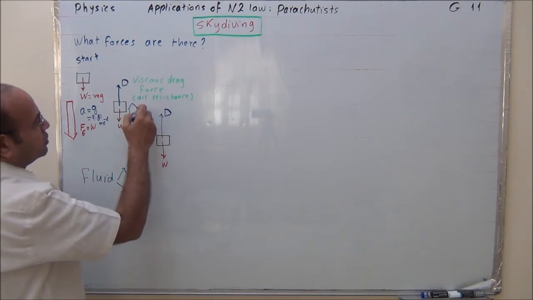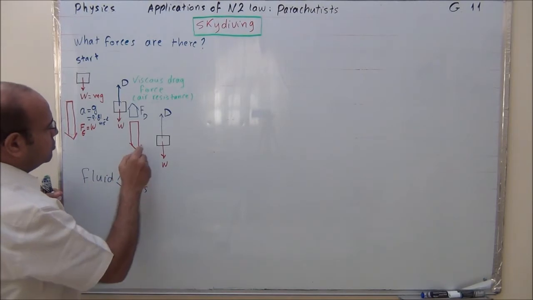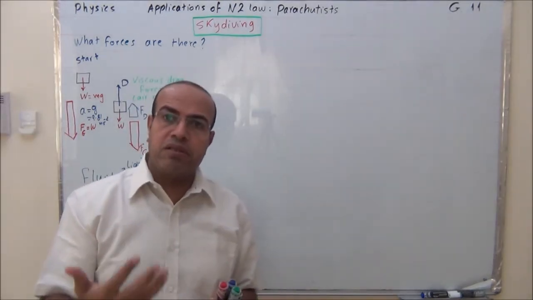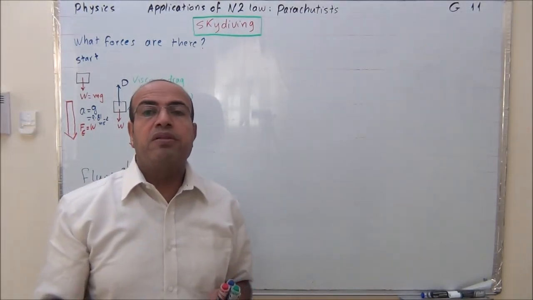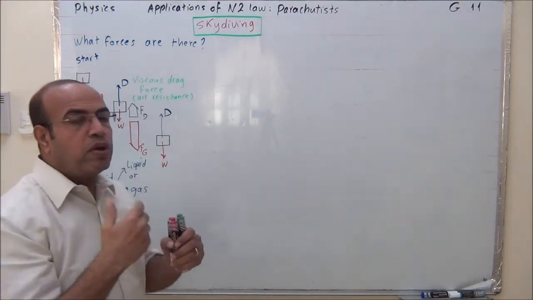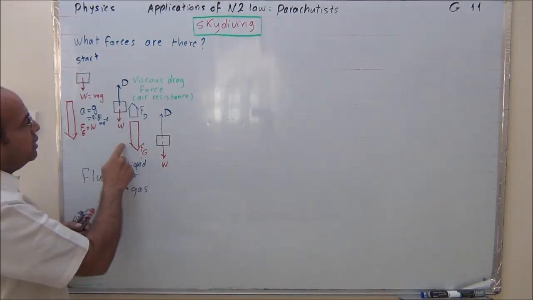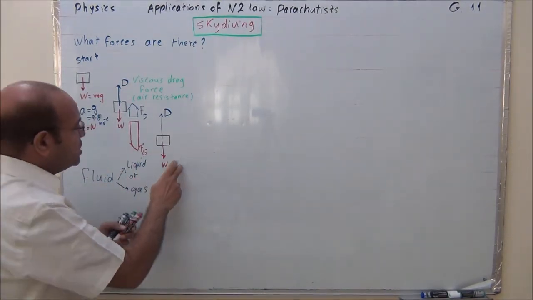This is the viscous drag and this is the gravitational force. When the velocity of the skydiver increases, the viscous drag increases until the moment when they are equal. In this moment, Fg is still greater than Fd.